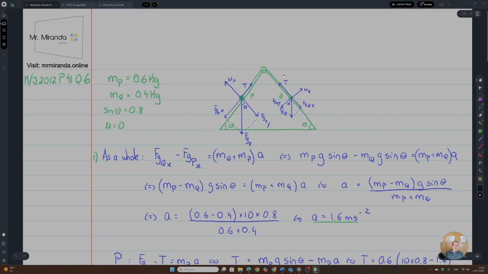So this means what? This means that if you let go of the tensions, this component over here, the Fg of, let me just see one thing. Yes, I made a small mistake. This is supposed to be P and this is supposed to be Q. Let me see if I can make this correction right now.